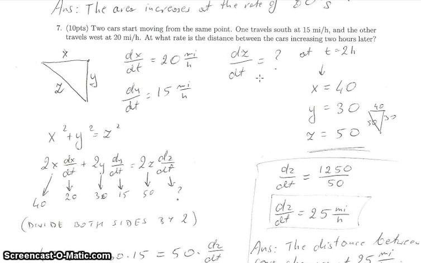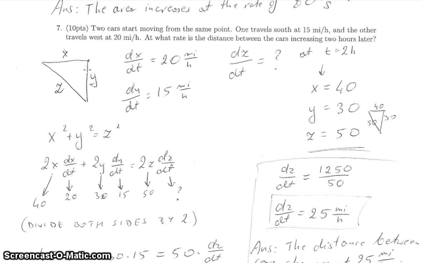Our job is to find how fast z is changing with respect to time, this distance. At what time? 2 hours later, so 2 hours after they start, at t equals 2 hours. And at time t equals 2 hours, x, the distance of the west car, is 40 miles, because if this car is moving 20 miles per hour, in 1 hour it's going to make 20 miles, so in 2 hours it's going to make twice as much, 40 miles.